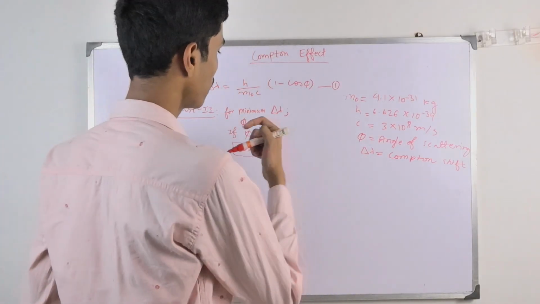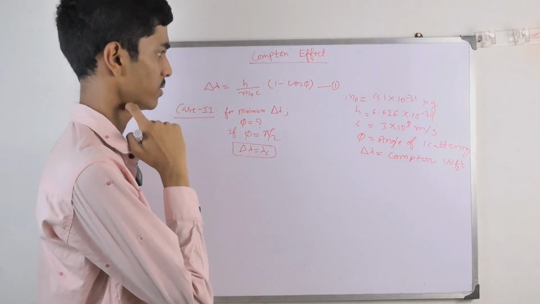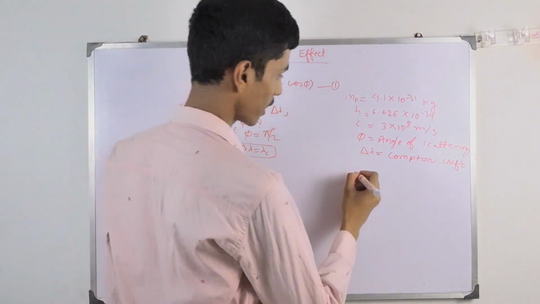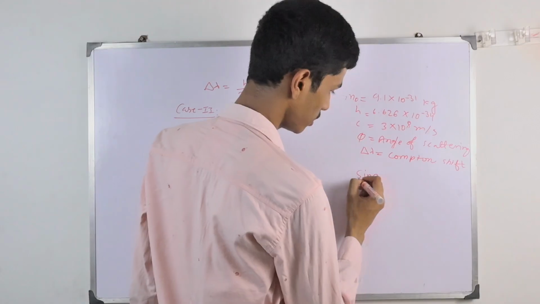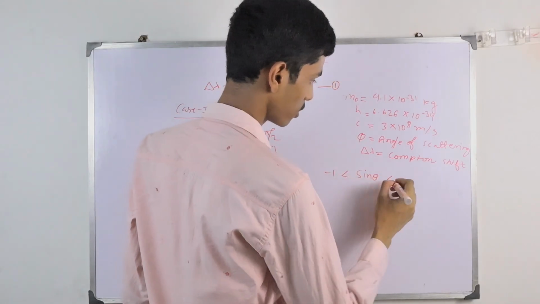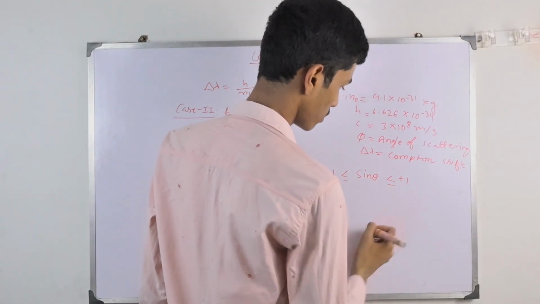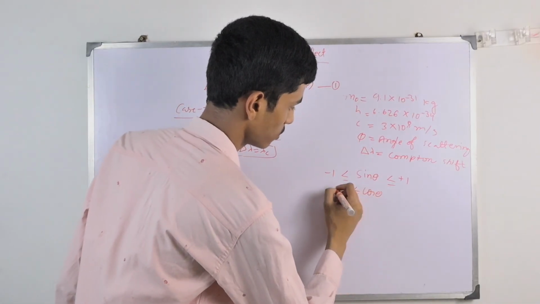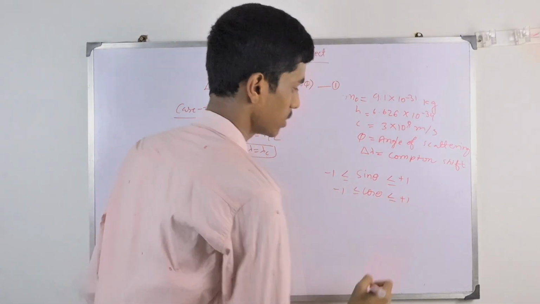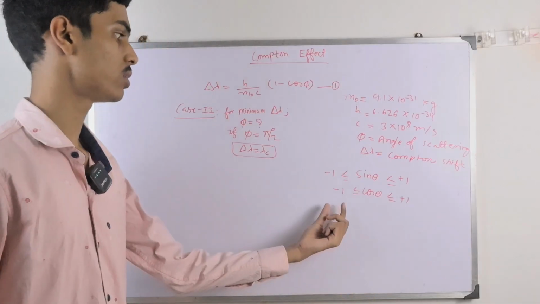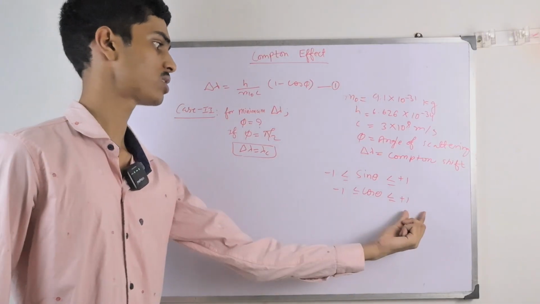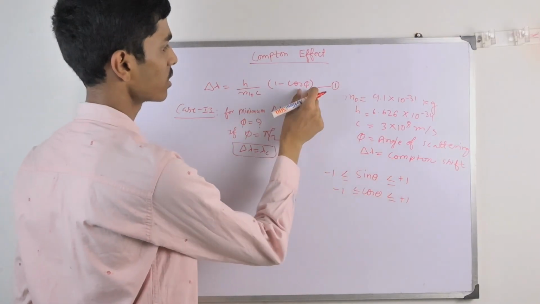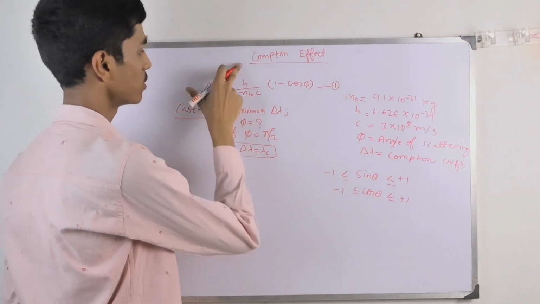And for minimum del lambda, what may be the value of phi? To make it minimum, we know the range of sine theta as well as cos theta is minus 1 to plus 1, which means the value can be minimum minus 1 and maximum plus 1. So if we put the plus 1 part, 1 minus 1 will be 0.